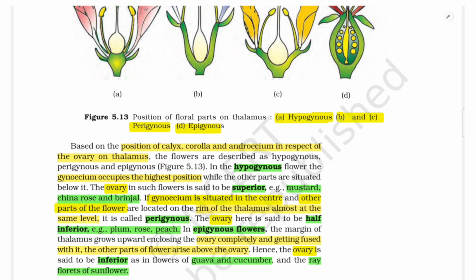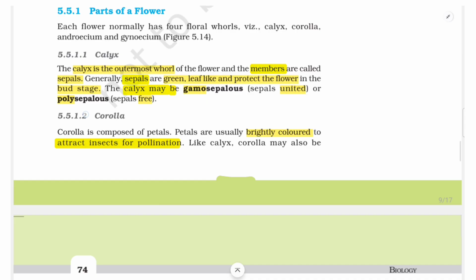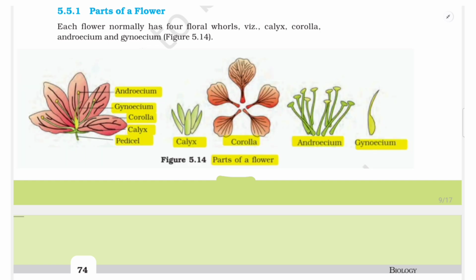The other parts of flower arise above the ovary. Hence, the ovary is said to be inferior, as in flowers of guava and cucumber and the ray florets of sunflower. 5.5.1 Parts of a flower. Each flower normally has four floral whorls with calyx, corolla, androecium, and gynoecium, figure 5.14.